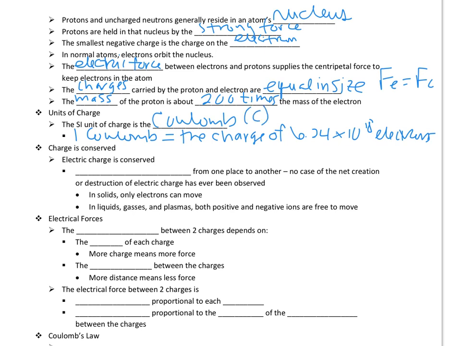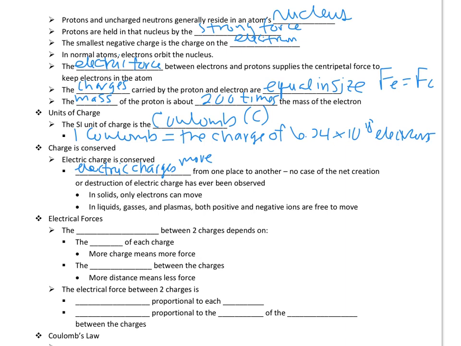Charge is conserved. So because charge is conserved, electric charges move from one place to another. No case of the net creation or destruction of electric charge has ever been observed.